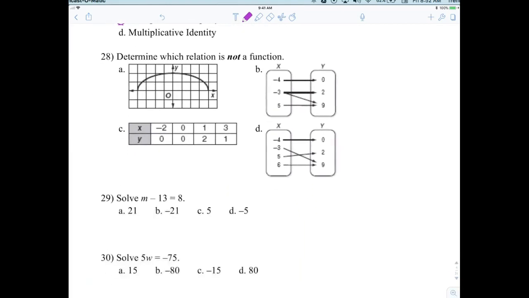So determine which one is not a function. Which one is not a function? B. All right? The reason why is because negative 3 has 2 y values. You hear me? Now, what we say is every single one of these points on this graph, the x value is not repeated. You hear what I'm saying?